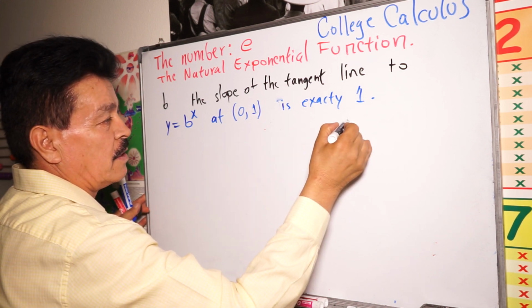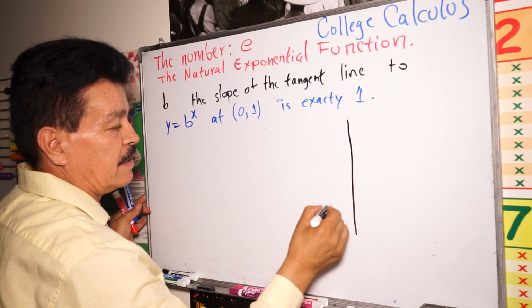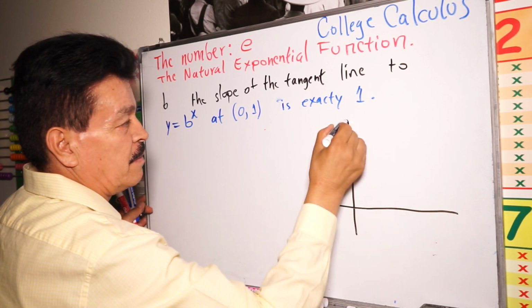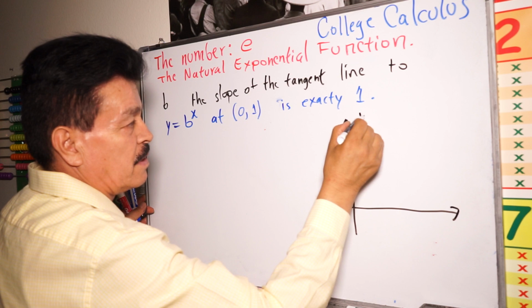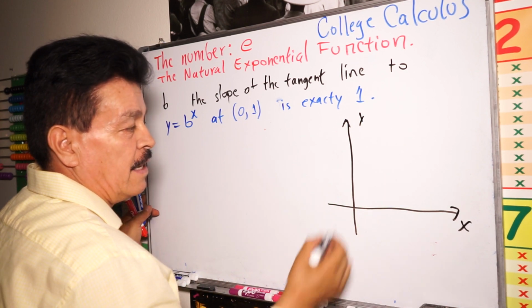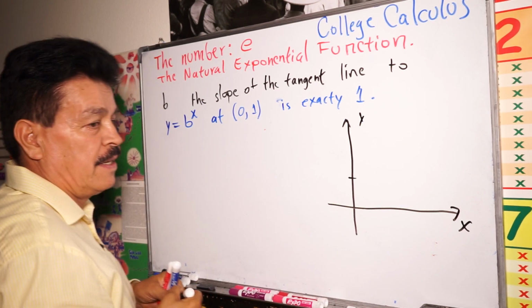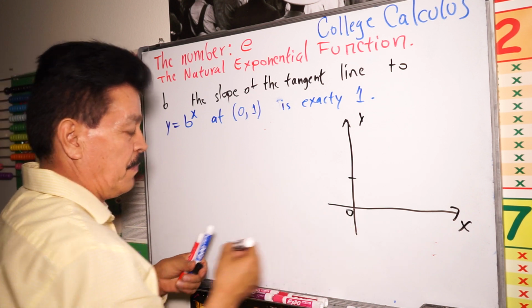You have a graph like this. This is very important to check in the graph. This is y, this is x, and this is number 1 right here. This is 0.